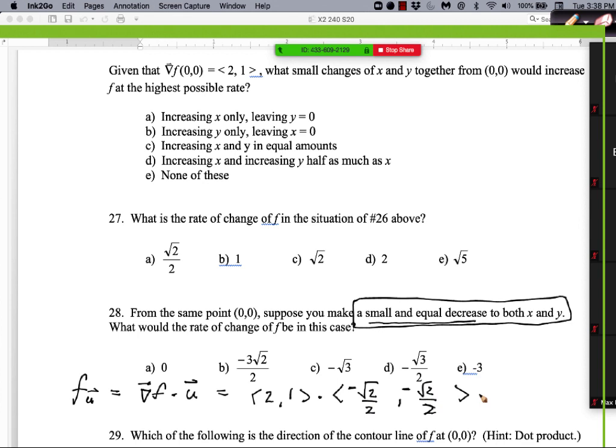When you do this dot product, I think you get this. 2 and 1, yeah. So this number 28 is just applying the formula for the directional derivative. You got the gradient, and you figure out the direction of the unit vector, and then you get this value.